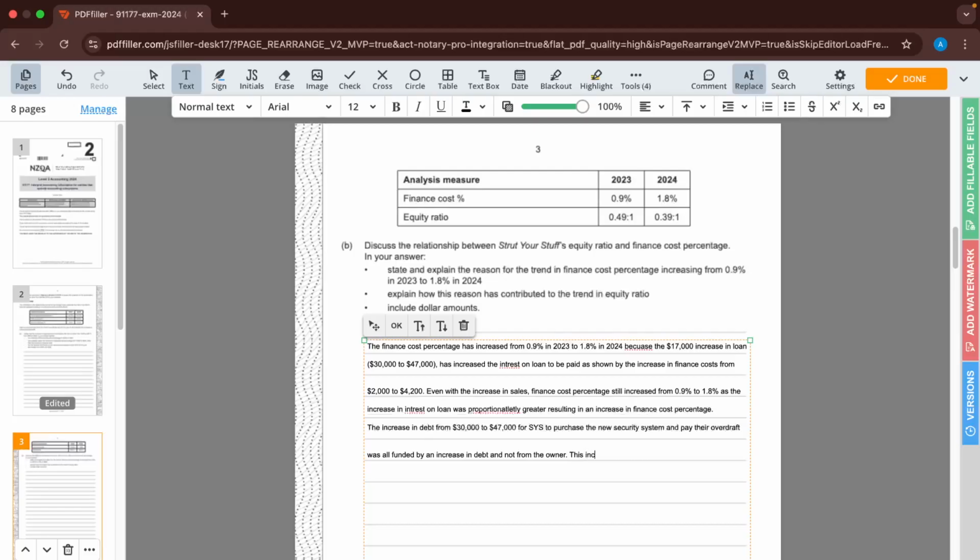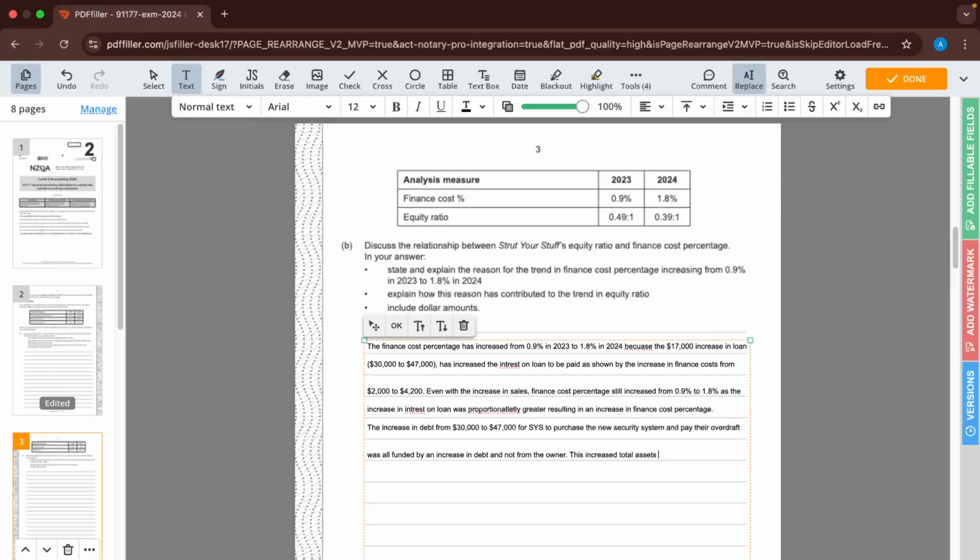So this increased total assets, because this does confuse a few people. Even though we're taking out debt to buy these new things, the new security system and to pay their overdraft, they're still getting cash in the bank, which is an asset, which they're spending on another asset, the security system. That comes back to what I was talking about in that very first video, which is the double entry system. So it's increasing the liabilities, but also the assets at the same time.